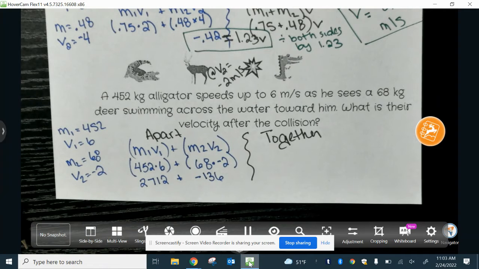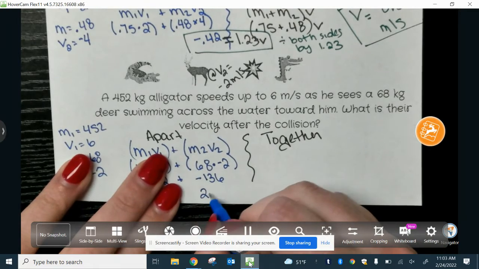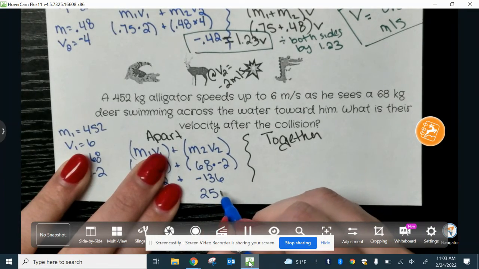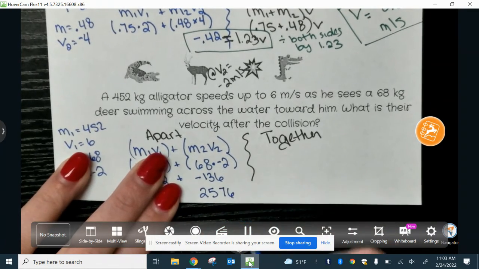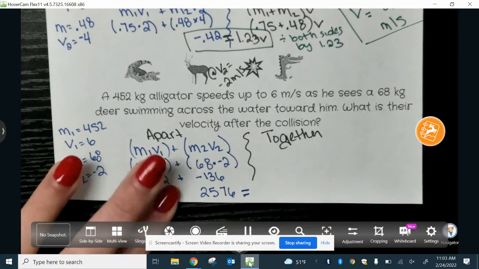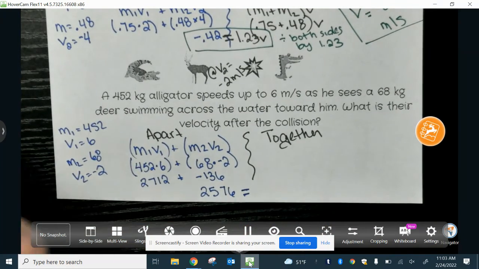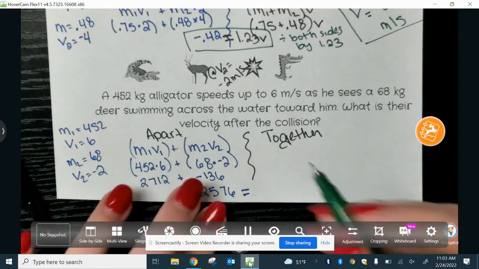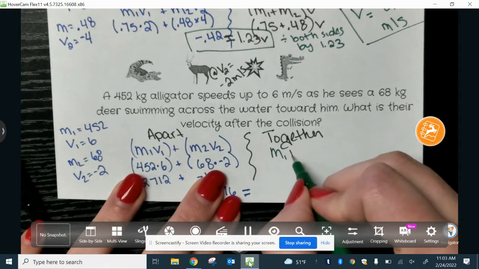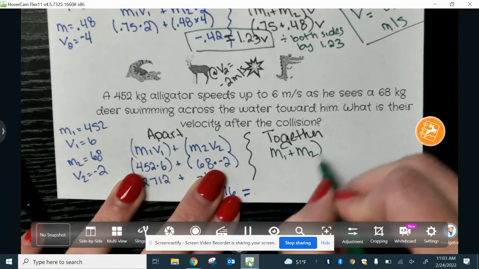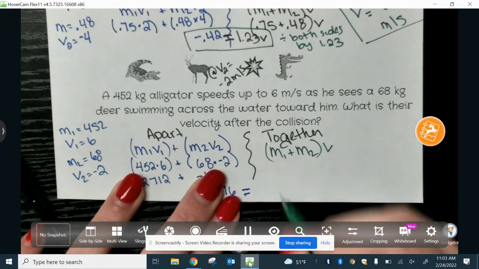With 2,712 plus negative 136, when you add those together, you should get 2,576 for the before. That's going to equal my after. My afters together, m1 plus m2 times the velocity.